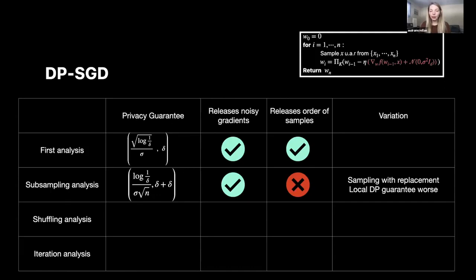We also have lost our local DP guarantee in this new mechanism, because we can interact with people more than once. So this is no longer a local DP mechanism for this small epsilon, delta anymore. Okay, so this is our first analysis. We paid a little bit in setting up an annoying architecture, but we also gained a lot.